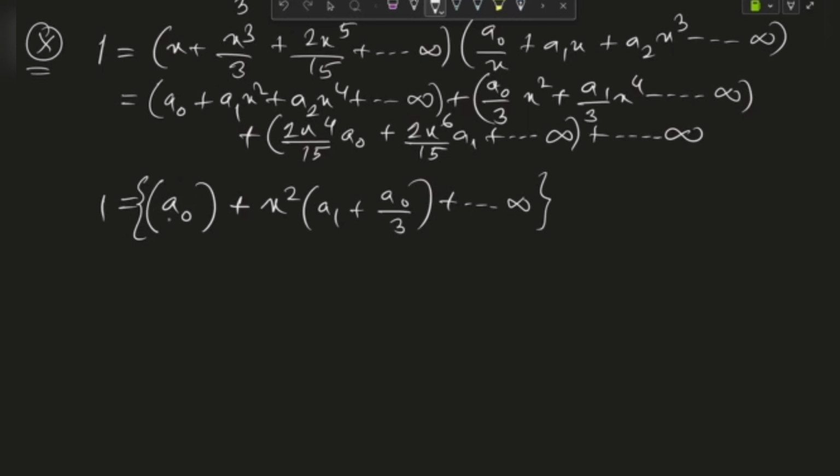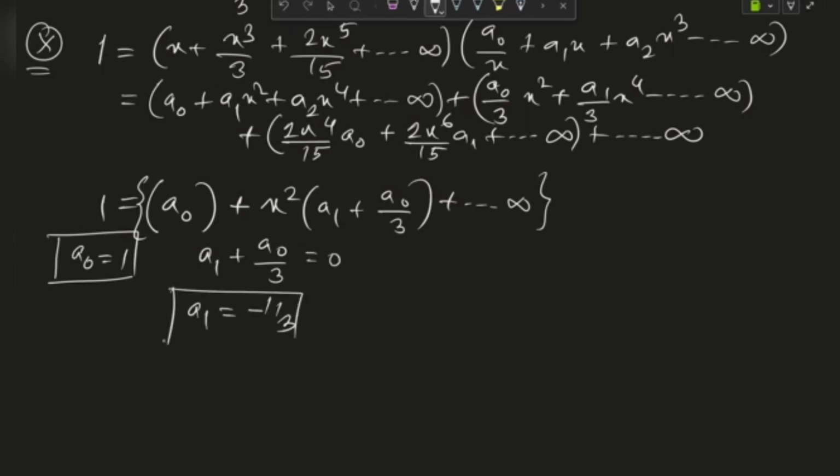If we compare, a0 will be 1 because it's the only constant term, and because there is no x squared term on the LHS, a1 plus a0 by 3 is 0. So a1 will be minus a0 by 3, which is minus 1 by 3. We have the values of a0 and a1, and that was required in the question.